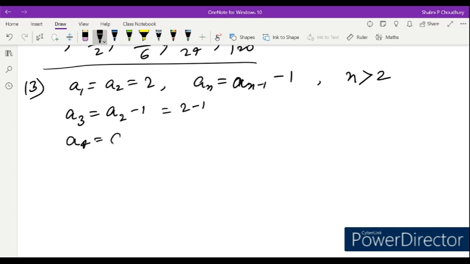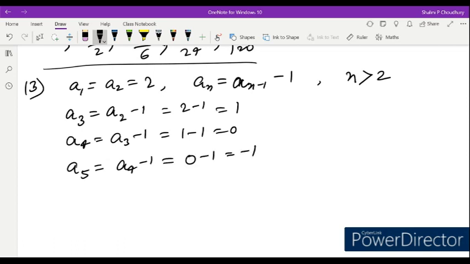a4 will be equal to a3 minus 1, that is equal to 1, so 1 minus 1, that is 0. Now a5 will be equal to a4 minus 1, that is 0 minus 1, that is minus 1.